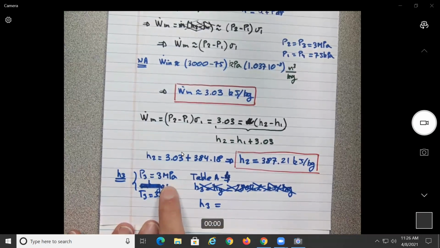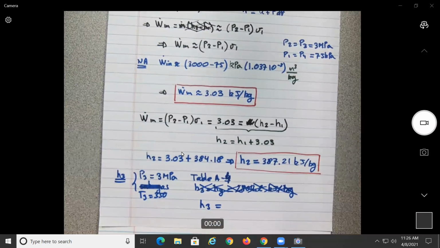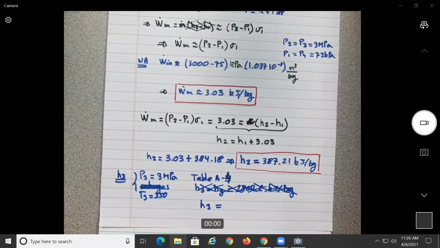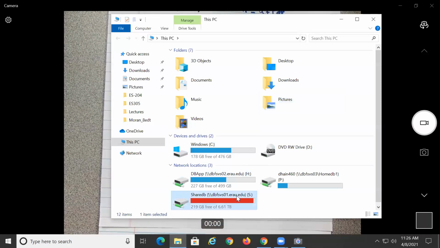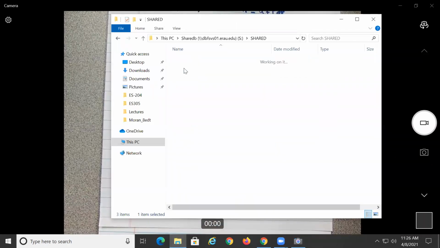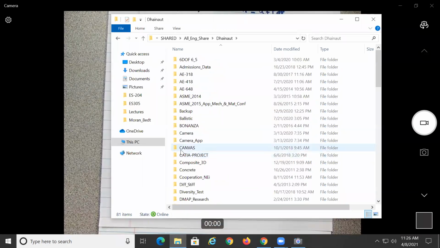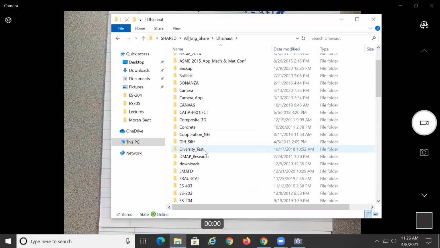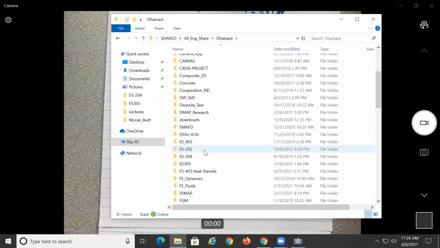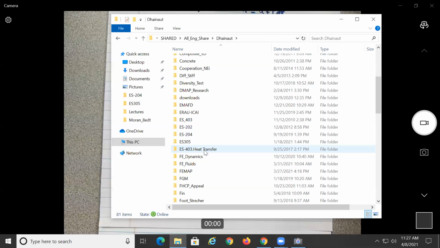We know the pressure is 3 megapascals and 350. So if we do that, what do we get?